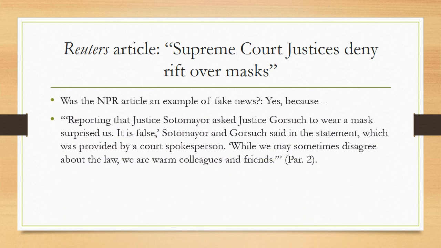So actually the first paragraph, I should say, says there's a report the next day after the NPR article came out. The two justices, Sotomayor and Gorsuch, got together and issued a report that just completely denied the NPR report. And in their report, they said that the NPR report surprised us. It is false because while we may disagree about the law, sometimes we are warm colleagues and friends.